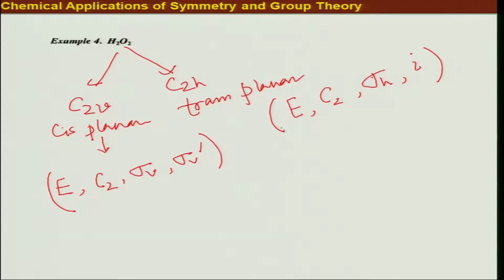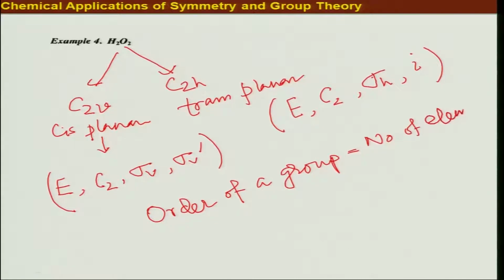Now, if I ask you, can you tell me the orders of these groups? Both of them have 4 elements. In a group there are 4 elements, and each element is a symmetry operation. So, the answer is 4 for both of them. The order of a group, as we mentioned earlier, is equal to the number of elements in it.